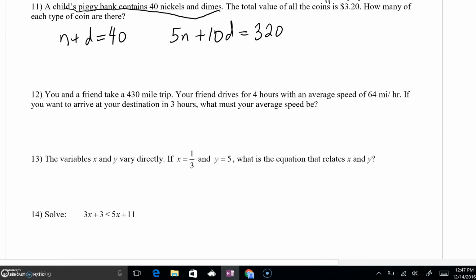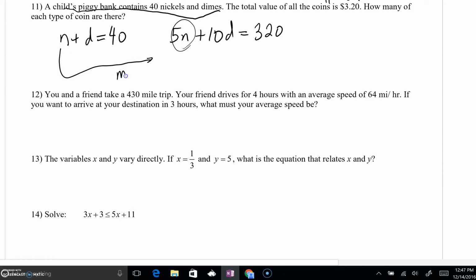Now, the way we were solving these systems was usually through elimination. We'd multiply so that when you'd add your two equations together, a variable would cancel out. So the thinking goes like this. What would cancel a 5n? Hopefully we'd all agree negative 5n would do the trick.